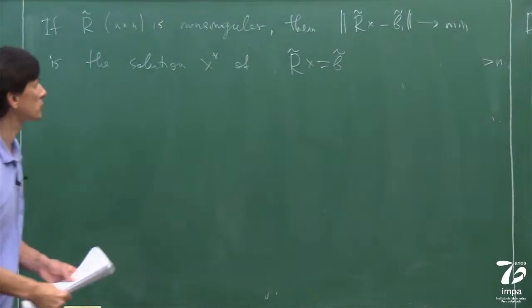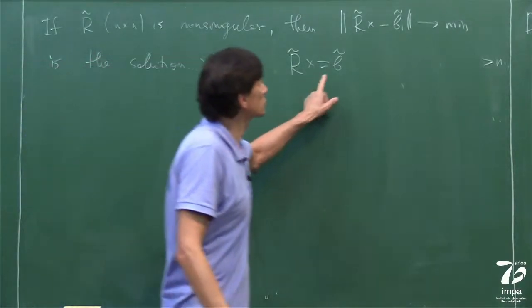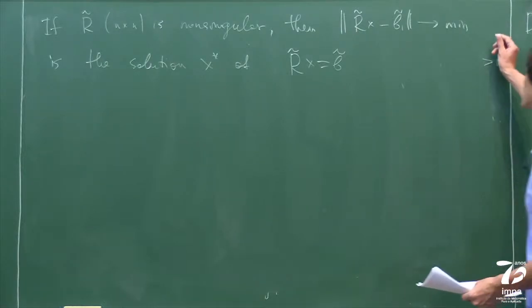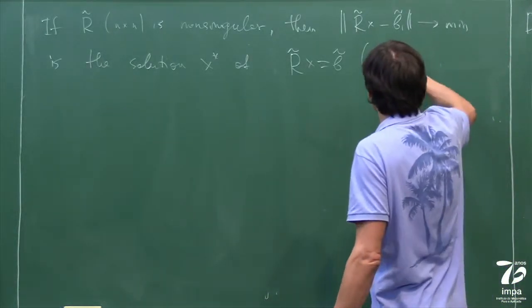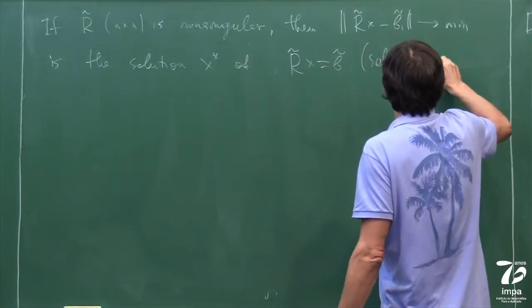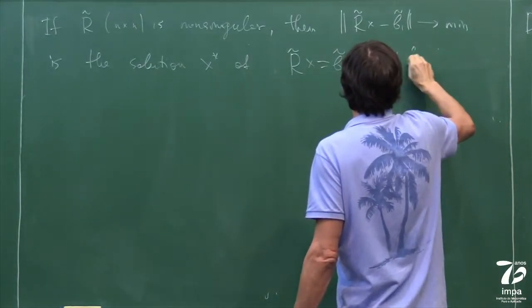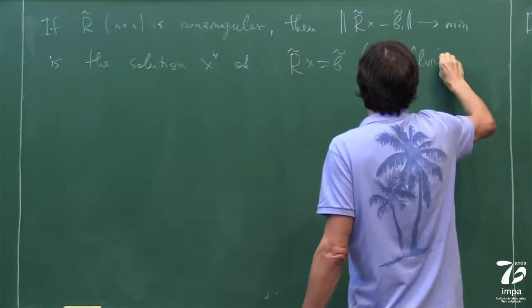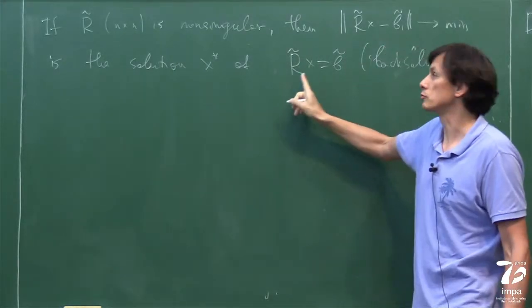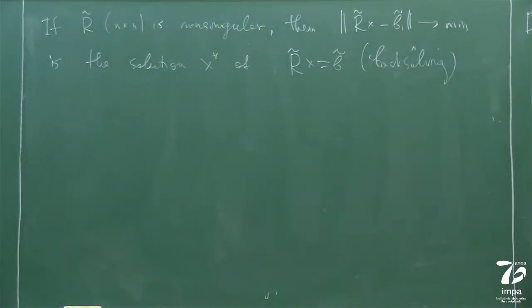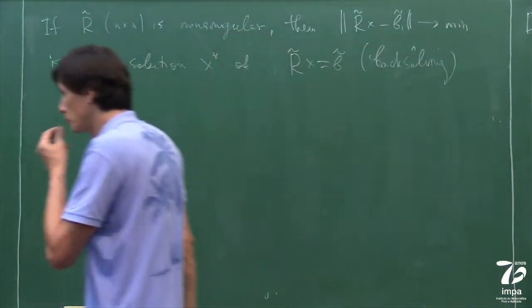Because this problem has a solution that gives just 0, and it cannot be smaller than 0, so this is the minimizer. And this problem we can solve by back solving. This is an upper triangular matrix, so by back solving we find the solution. So this is the method of how you use QR.